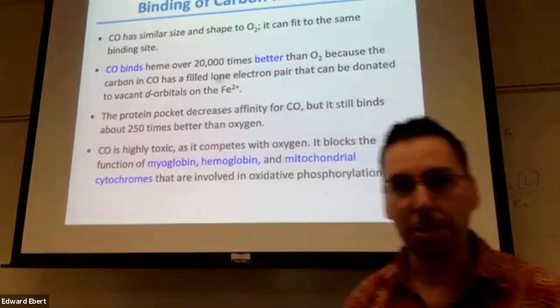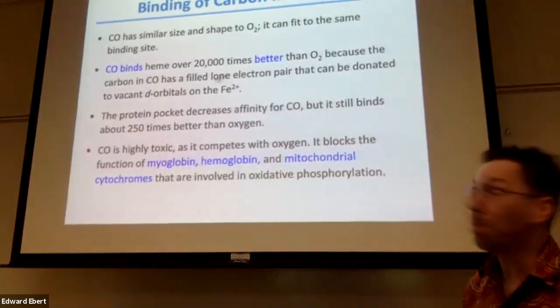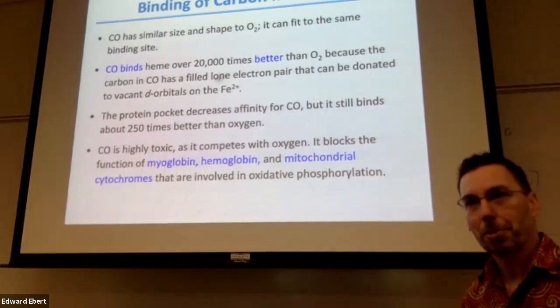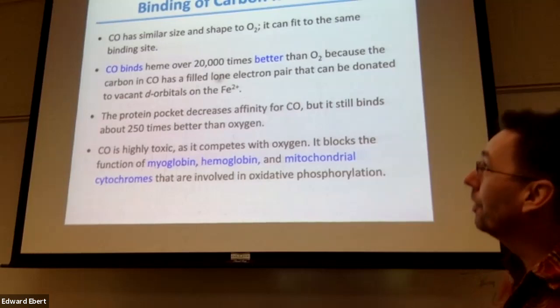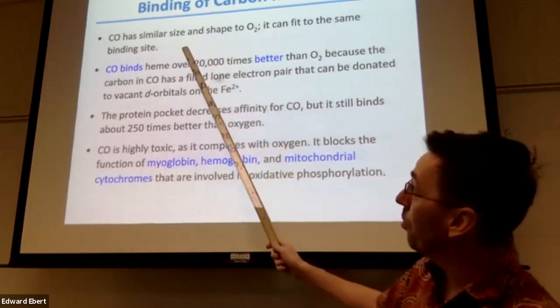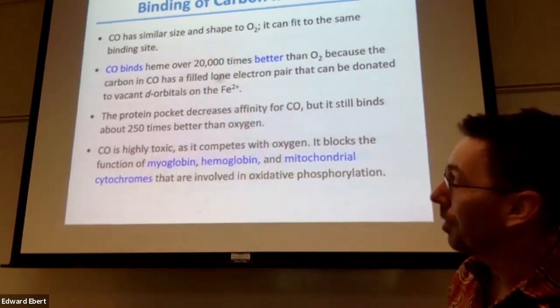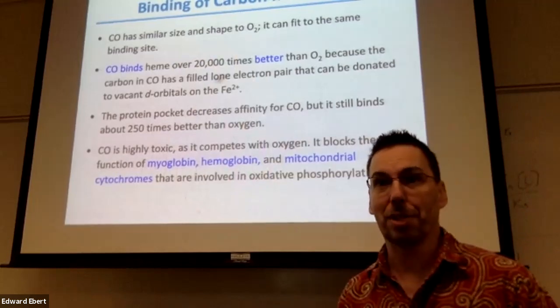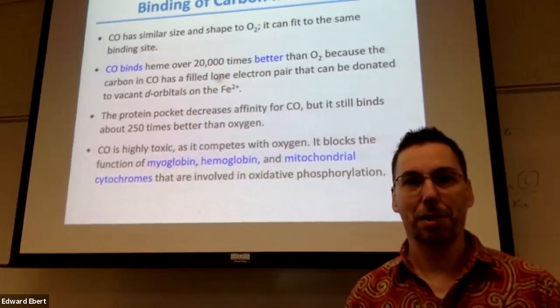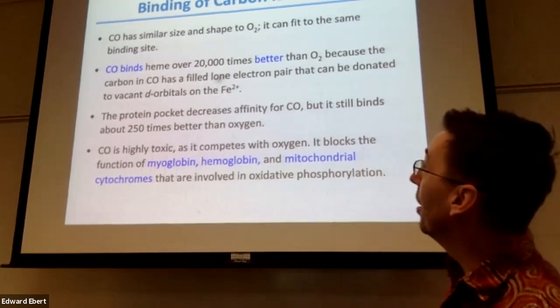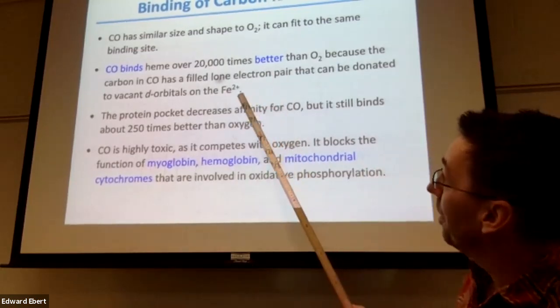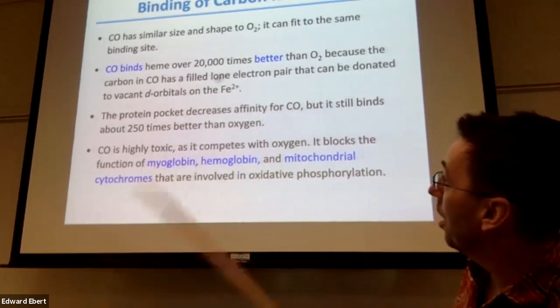So let's take a look at this. Carbon monoxide is about the same size as oxygen, and our heme will actually bind carbon monoxide 20,000 times better than oxygen. Okay, and that's because of the filled lone electron pair that can be donated in there on the iron 2.